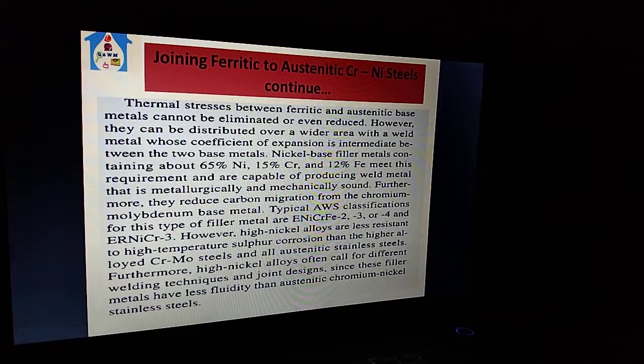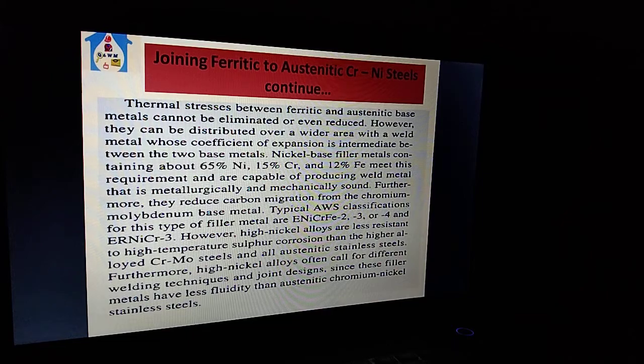Thermal stress between ferritic and austenitic base metal cannot be eliminated or even reduced. However, they can be distributed over a wider area with a weld metal whose coefficient of expansion is intermediate between the two base metals.